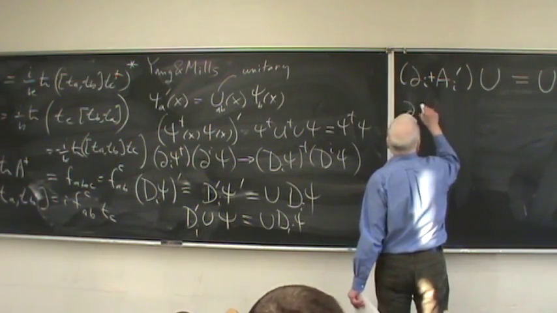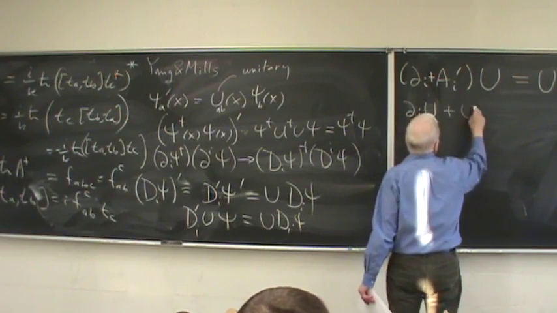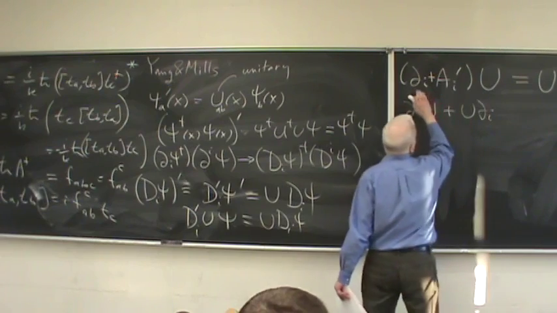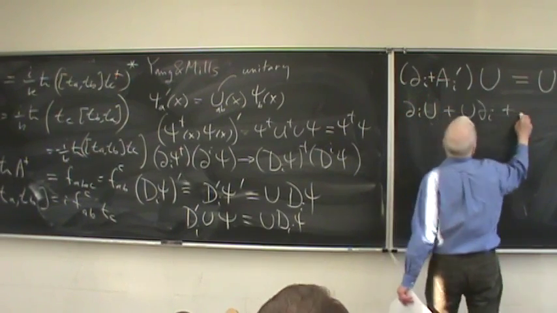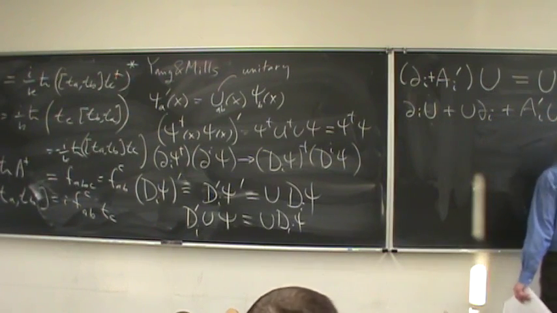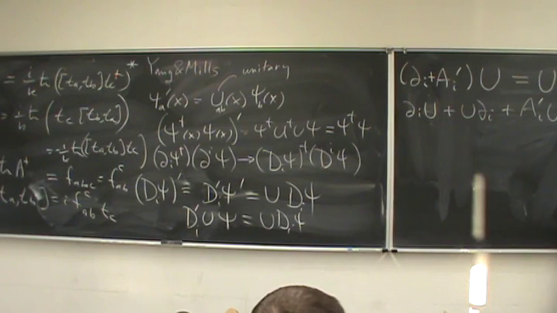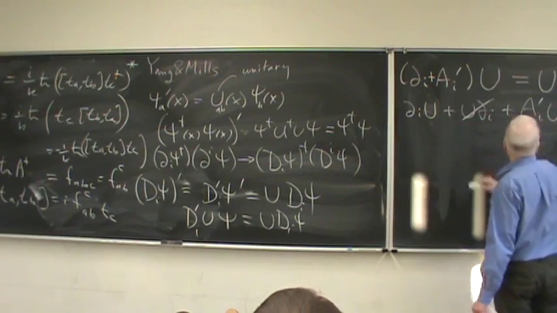This is D_i U plus U D_i, because the derivative acts to the right and goes through the U as well. And then we have A_i prime U equals U D_i plus U A_i. And so we cancel these two terms.